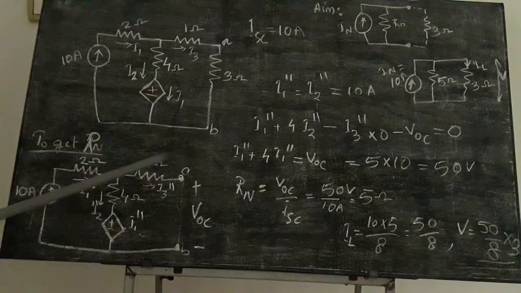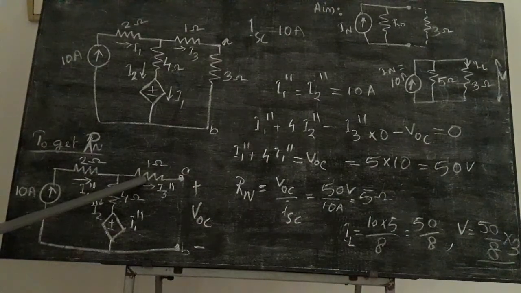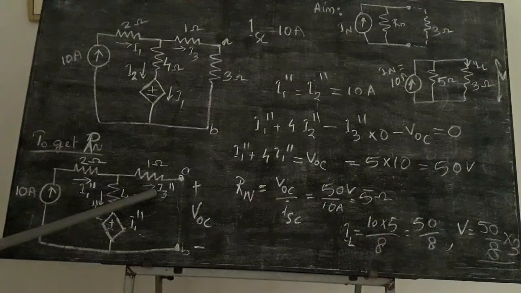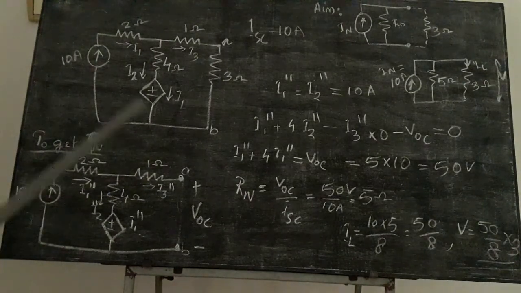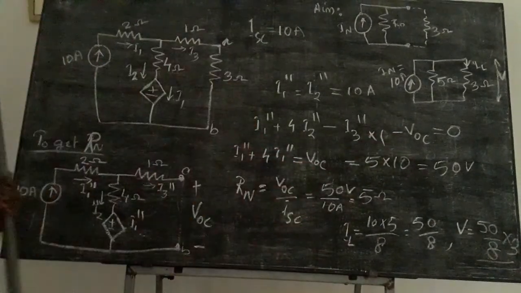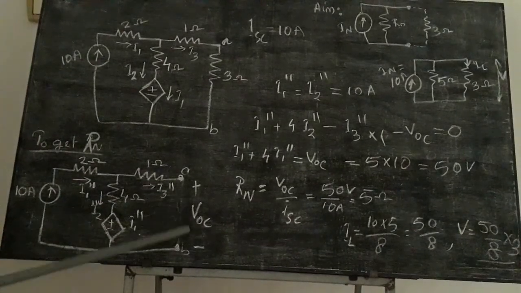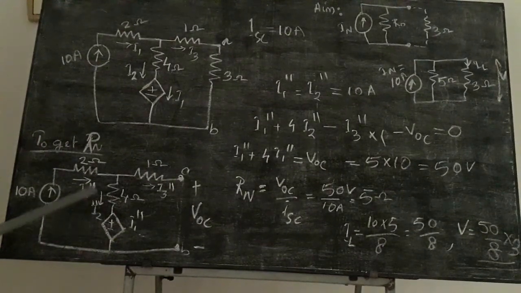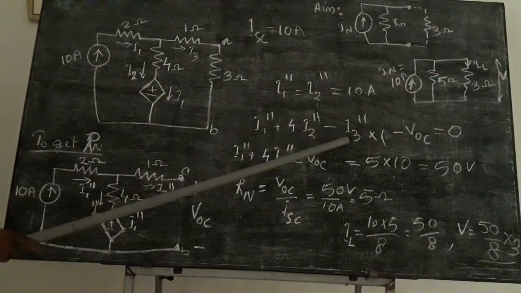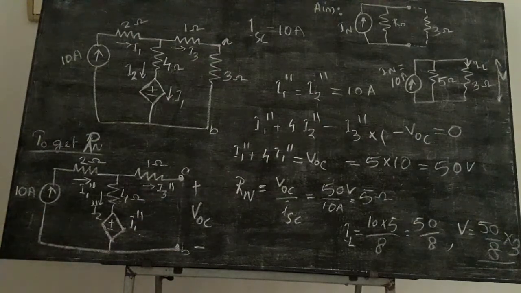So plus 4 I2 dash minus 1 ohm into I3 dash, I3 dash into 1 ohm minus VOC is equal to 0. Now see, what is I3 dash? I3 double dash is equal to 0. So this term will get 0.